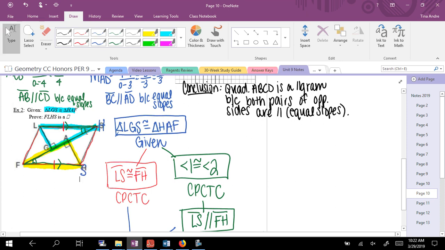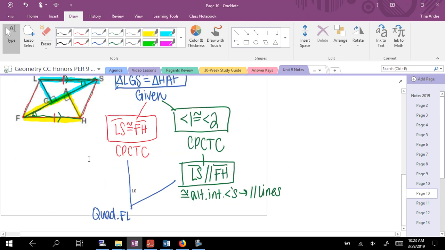Let's just change our picture. Since I use numbers, it won't affect the, actually, it will affect our whole proof. So let's do it this way. Sorry about that. Let's change this to SH. FLSH, because otherwise our whole proof, all those letters are going to get messed up. So FLSH is a parallelogram.